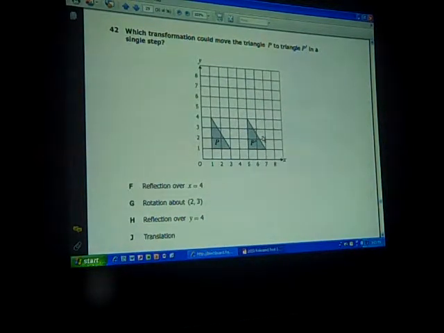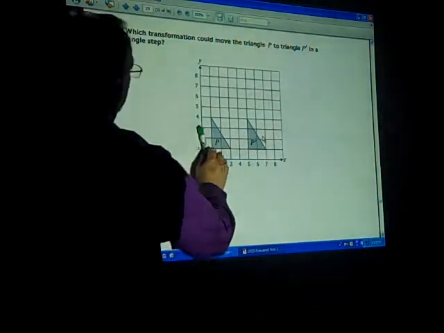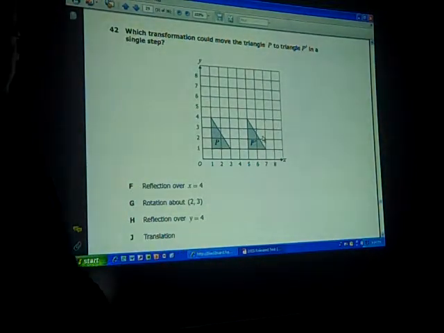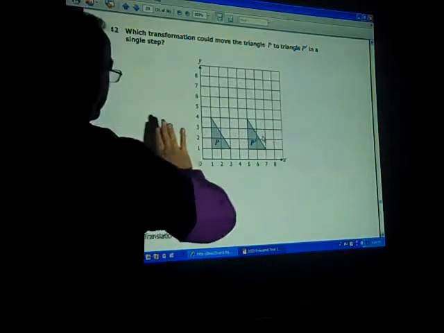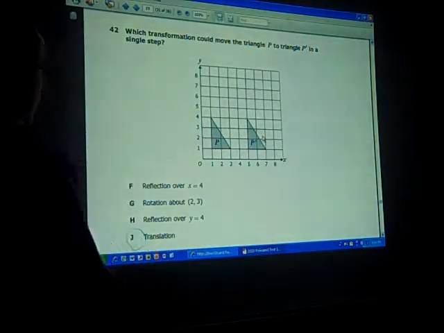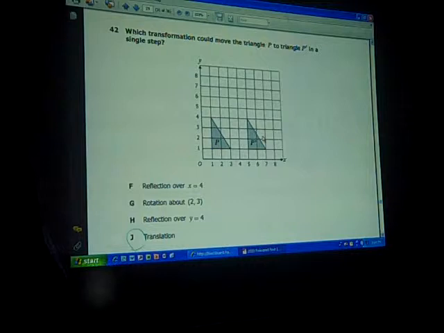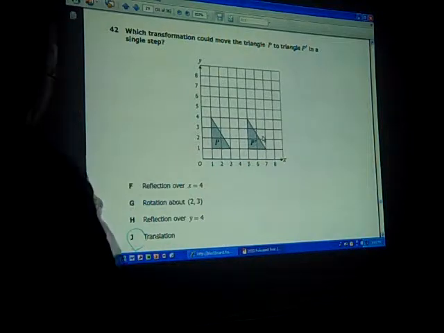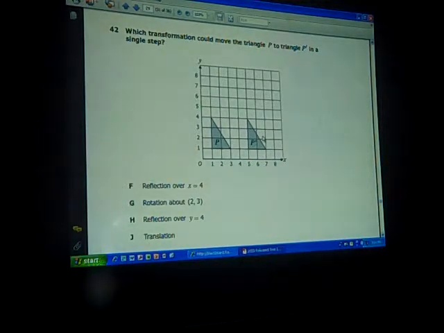All right, which transformation could move the triangle to P prime in a single step? Okay, it's not a reflection or rotation. If we're just moving it, this would be translation or a slide. That's 42. 43.